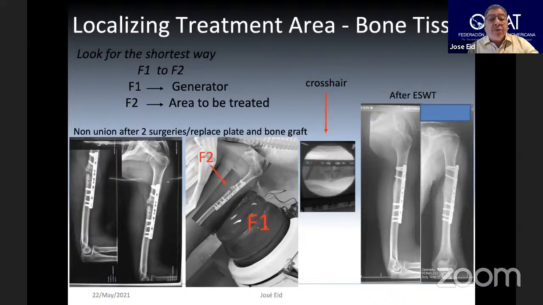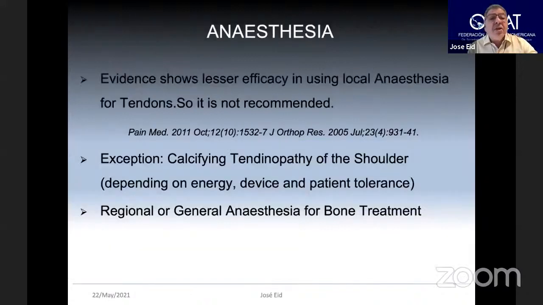And with bone graft, we did 2 sessions, and you can see in the right picture that the non-union was completely healed. And we can use the crosshair, as you can see in this picture, focalizing the shockwave inside the non-union.